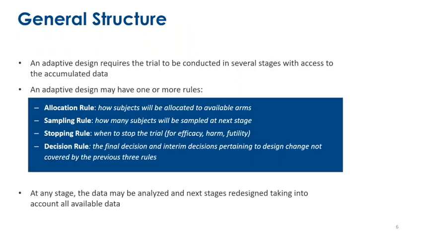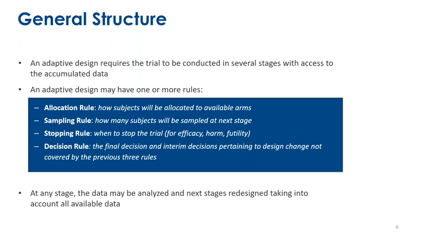The general structure of an adaptive design requires that the trial be conducted in several stages with access to the accumulating data, and nearly always that includes some sort of analysis, sometimes a formal analysis, and that analysis could be on all or part of the data to inform the adaptive decision.